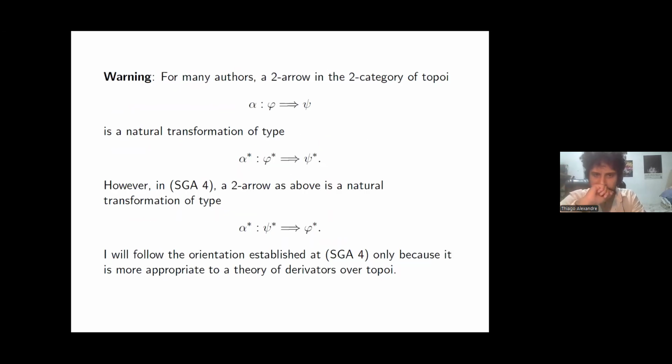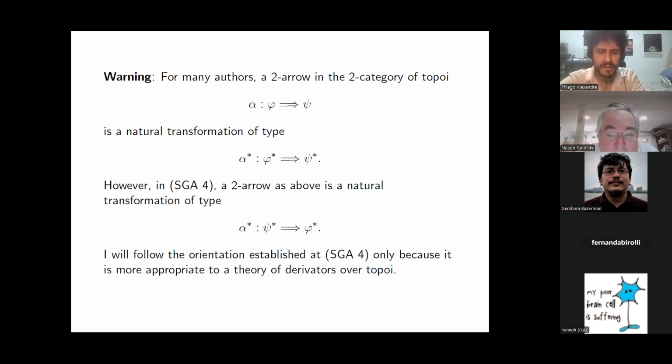In my last talk, I said that derivators are Morita invariant, in the sense that if two small categories have equivalent toposes of presheaves, then when we apply a derivator to each one of these categories, we achieve equivalent derived categories.